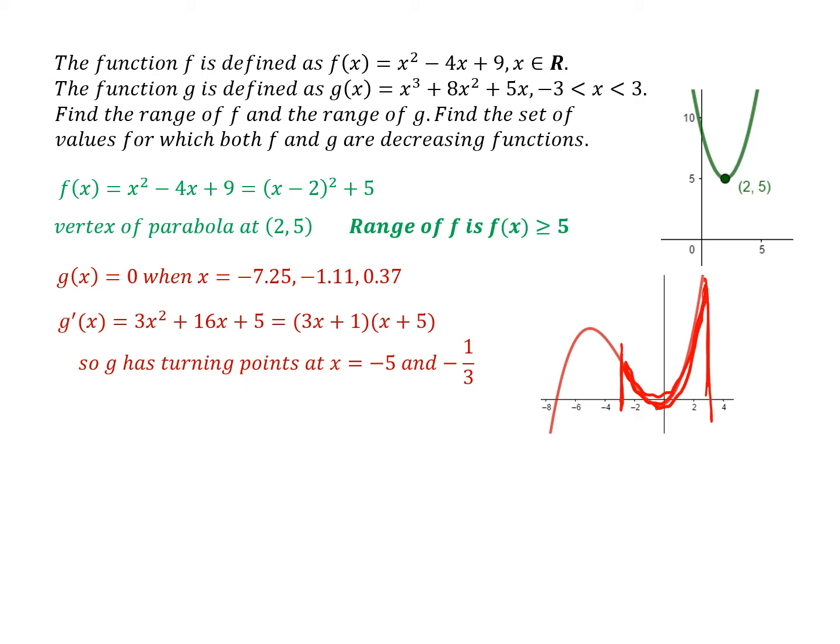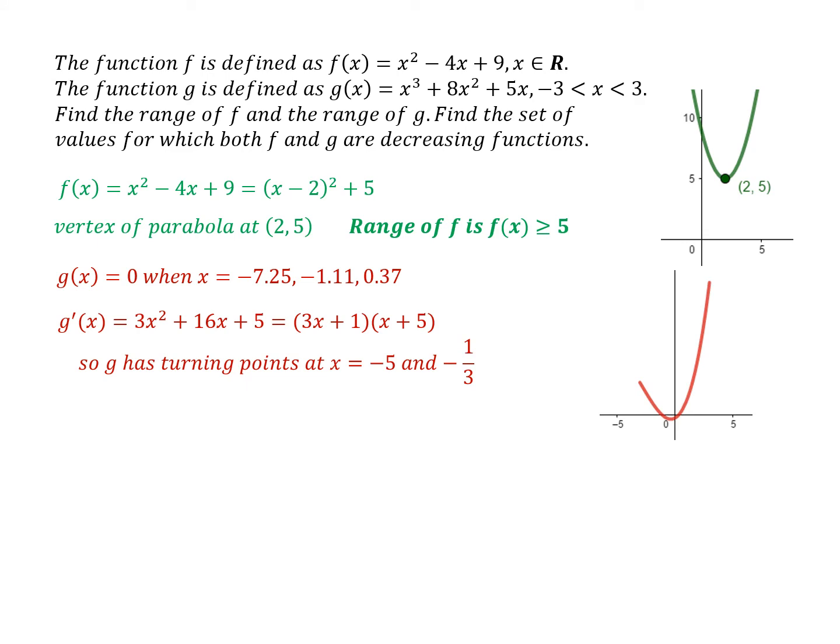So here's a neater version of that now. Okay, so that's what g of x looks like. And we want to know what the range of g is. So the range is the smallest value of y up to the highest value of y. So the range is these values of y here.